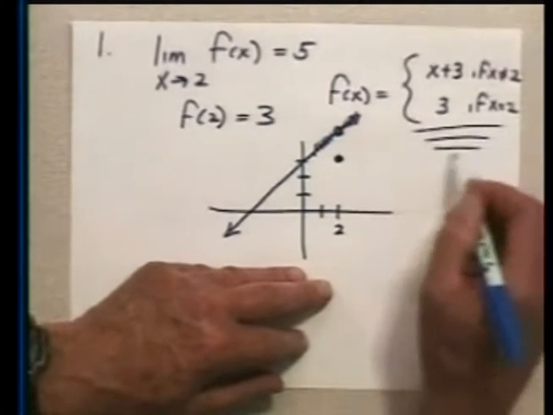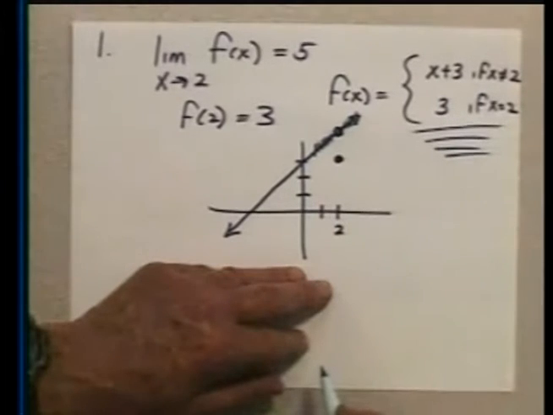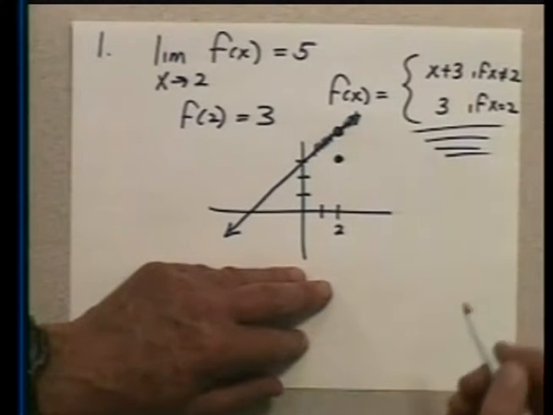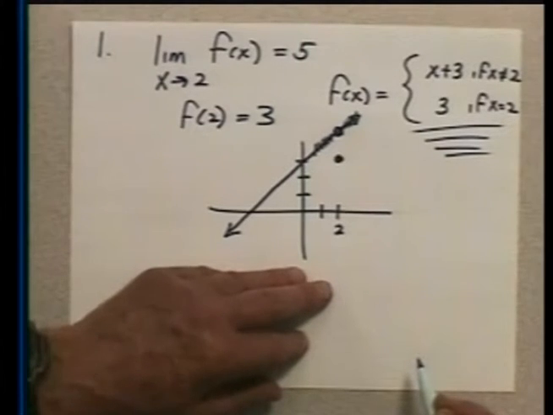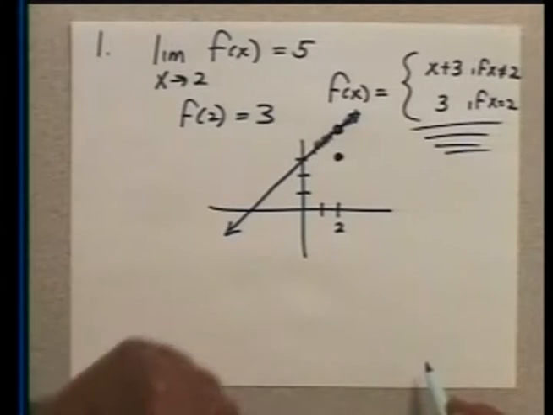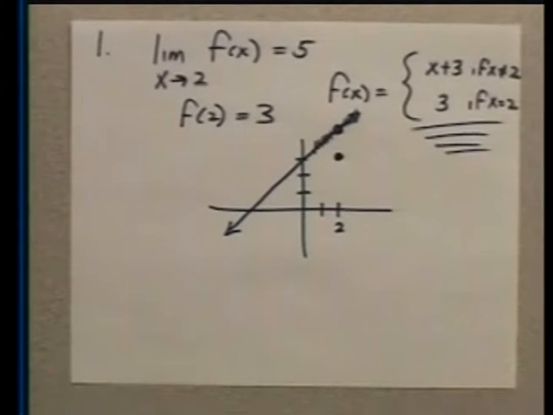This would be an example of a function where that happens. But that's it for number 1. I mean, that's all they're really after. A limit does not have to equal the value of the function there. It has to just be where the graph is headed.